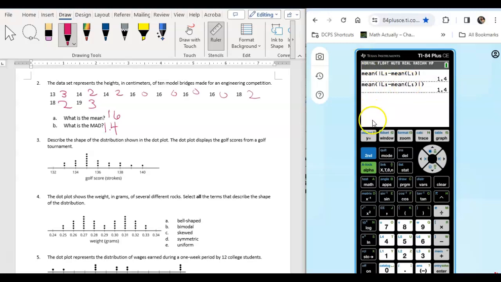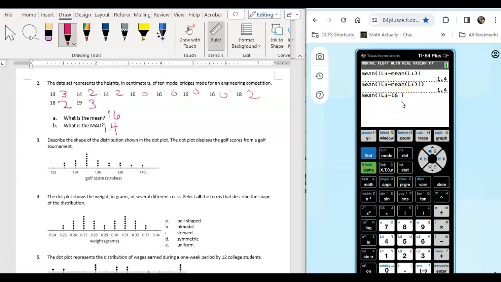Now, if you know the mean is 16, for example, you can also do second list, scroll over to math mean, okay, and we can do second catalog absolute value of second L1 minus, in this case, we know the mean is 16, right? So we can do minus 16, or actually, no, we would need to do the average, so we can't really do that. So you would at least need to find the average of L1.